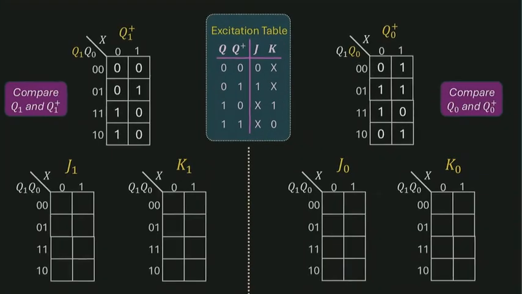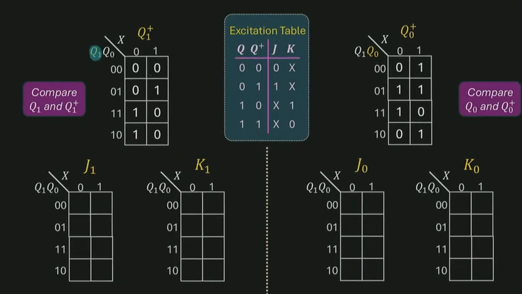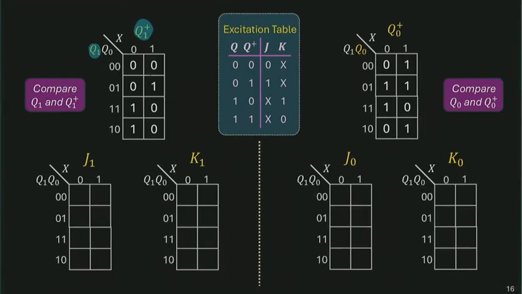From the first table, I want to observe the relationship between Q1 and Q1 plus. So essentially between this column and the values inside the table. The values inside the table are my Q1 plus values, and that column represents Q1.